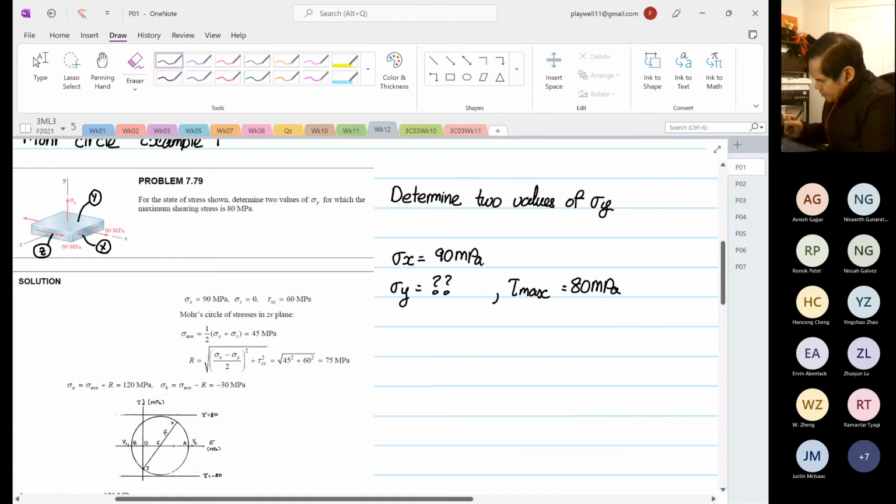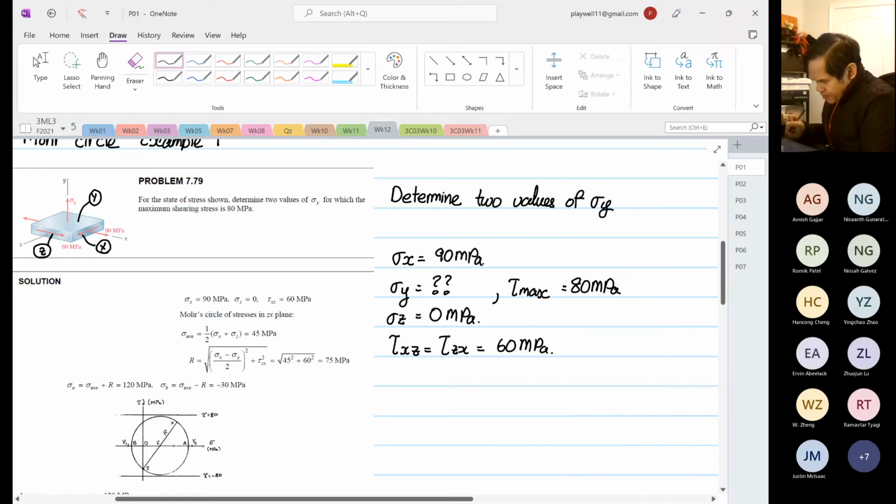And then stress Z is equal to 0 megapascal. And we are given that shear XZ is equal to shear ZX, and this is equal to 60 megapascal.